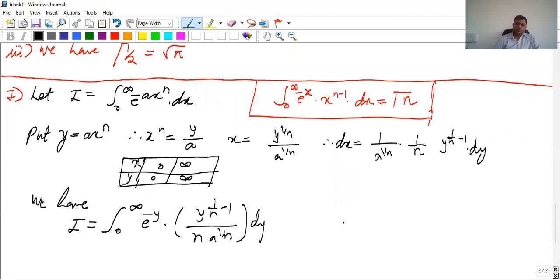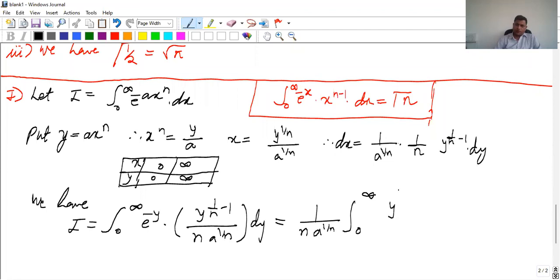Is that okay? So this term gets replaced by y, and dx we have calculated here. So it will be n into a raised to 1 by n, and this term remains there. So what are the constant terms? 1 upon n, a raised to 1 by n, integral 0 to infinity.